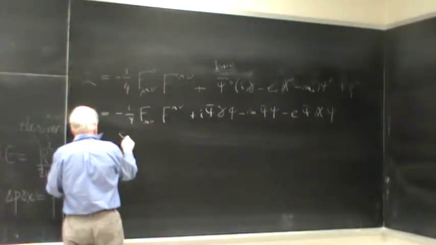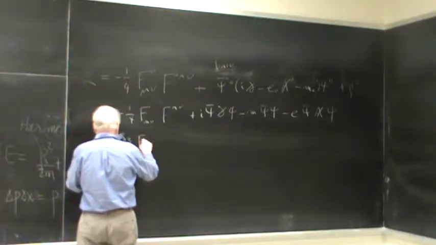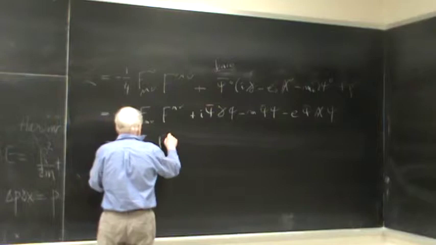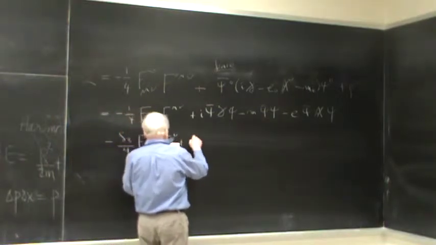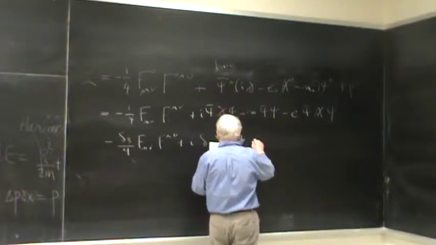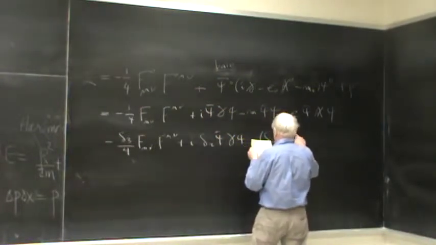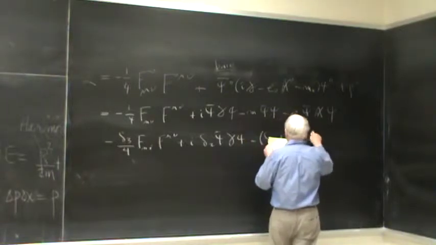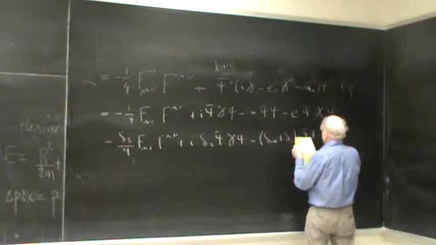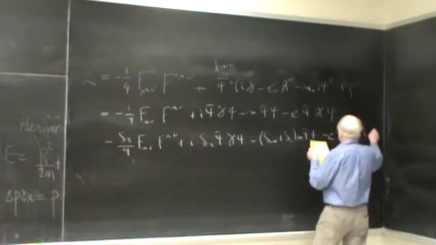And this is minus delta 3 over 4 F mu nu, plus i delta 2 psi bar d slash psi, minus delta m plus delta 2 m psi bar psi, minus e delta 1 psi bar A slash psi.